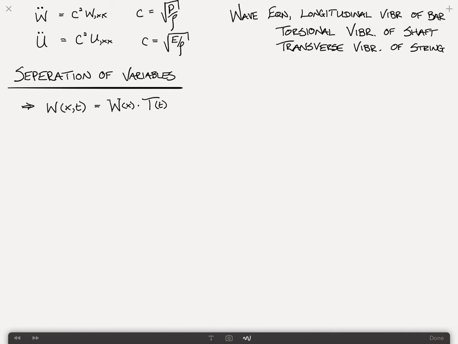And I can cut to the chase and tell you, again, you can click on this link and see how we solved it. But the solution for the time-dependent part, T, is C1 cosine of omega t plus C2 times sine of omega t.